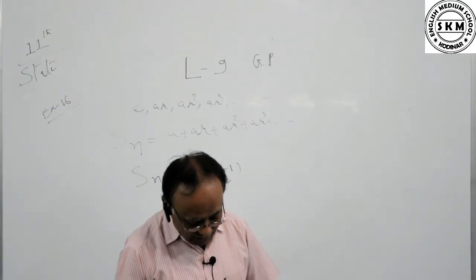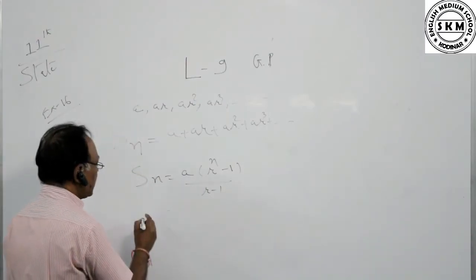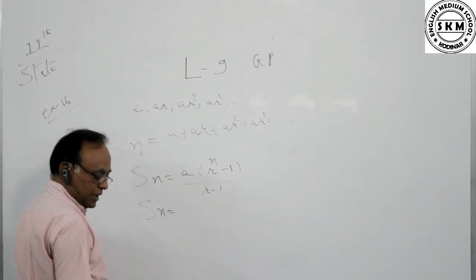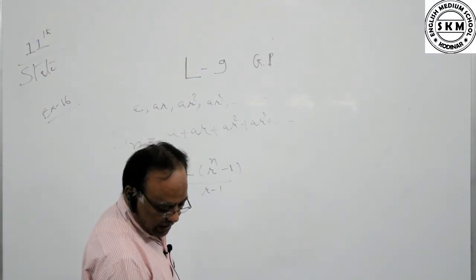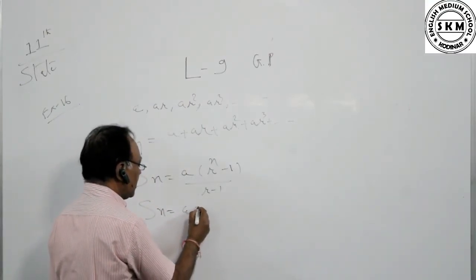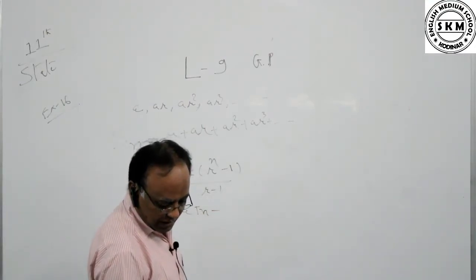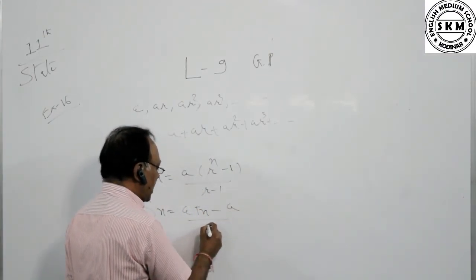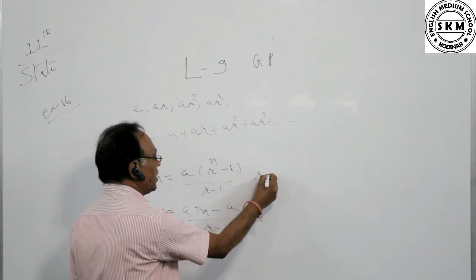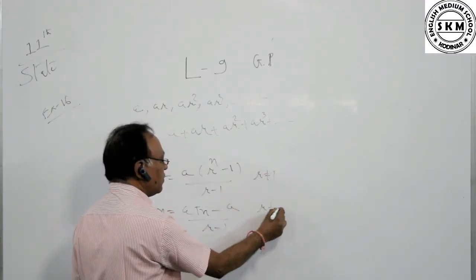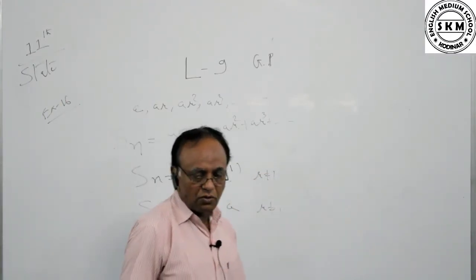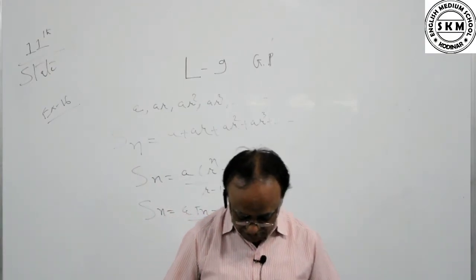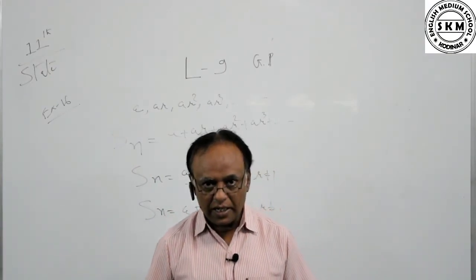Also Sn is equal to A into Tn minus A upon R minus 1, where R is not equal to 1. And if R is equal to 1, then as I discussed in formula number 3, Sn is equal to Na.